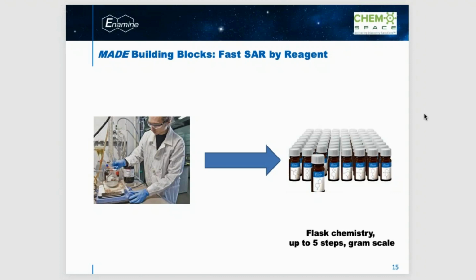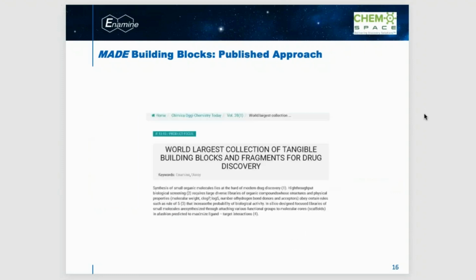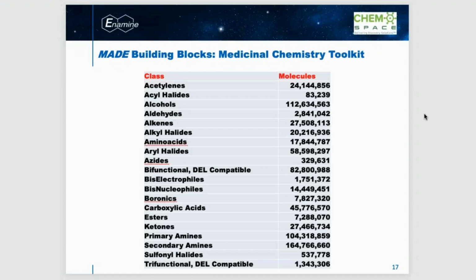They're typically synthesized on a gram scale, and the chemistry that is used to make them is actually typical flask chemistry.